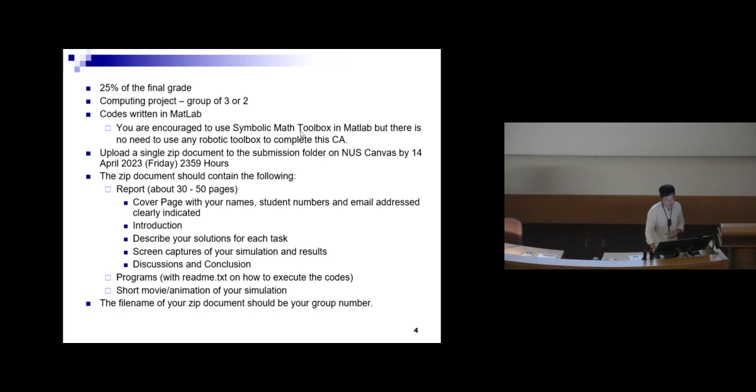I don't think you need to use a robotic toolbox to complete this CA. Bear in mind that the robotic toolbox may use a modified DH notation, and that's not what the question asks you to do.